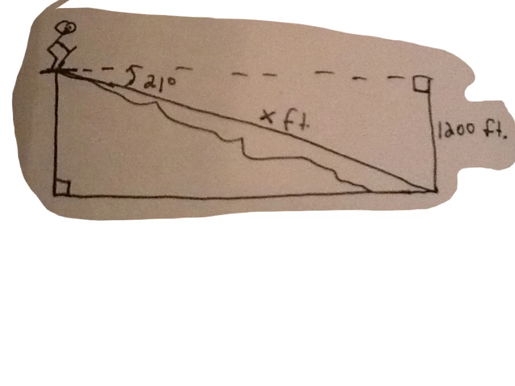So let's find out how far I go. I'm going to use the sine of 21 equals the opposite, 1,200, divided by the hypotenuse, which is my x.